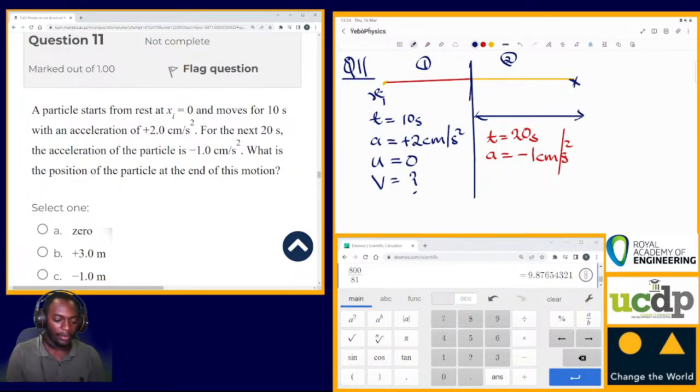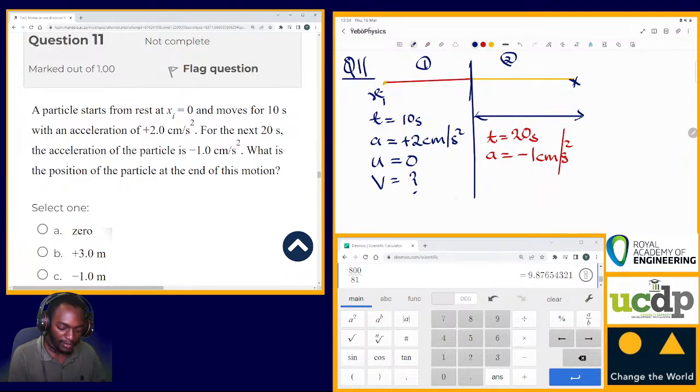So what I think we can do, since this case has two accelerations at different times, is calculate the final speed at the first stage of the journey.